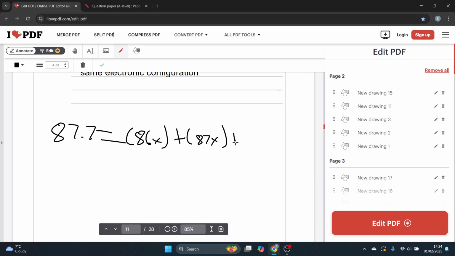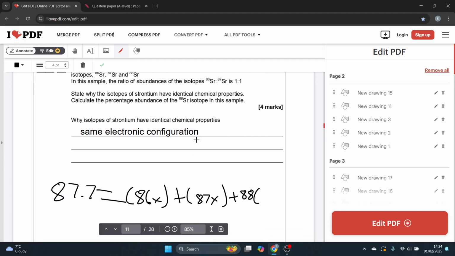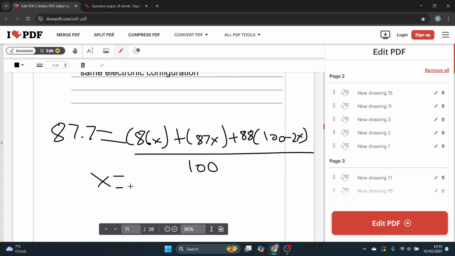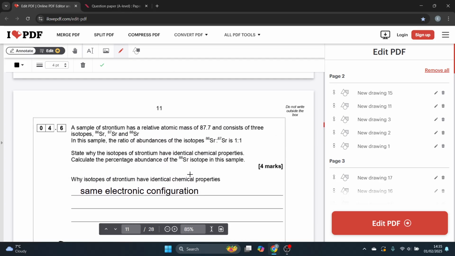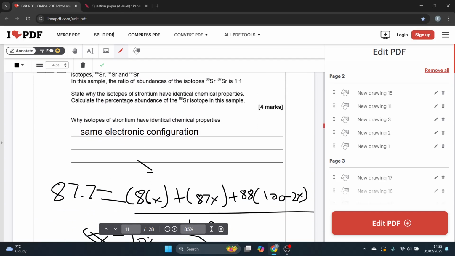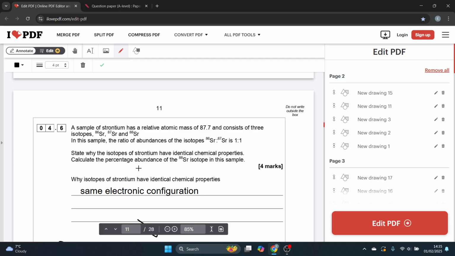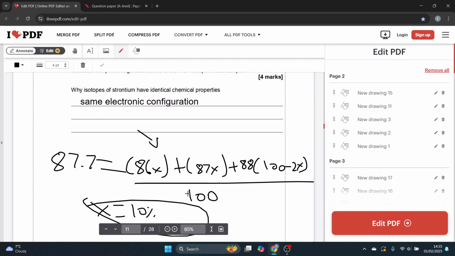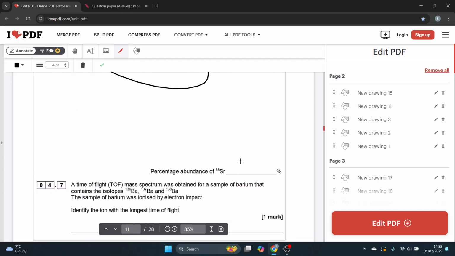So it's going to be, obviously, plus your 88 times the total 100 minus your 2x, divided by 100. Obviously, you rearrange it and you should get x is equal to 10%. The rearranging part is probably not as complicated for most students. It's the construction of this expression. Well, that's 1 to 1, so that's 86x plus 87x. Well, 100 is the total, so 100 minus these two x's, times it by 88 divided by 100, and you should get x is 10%.